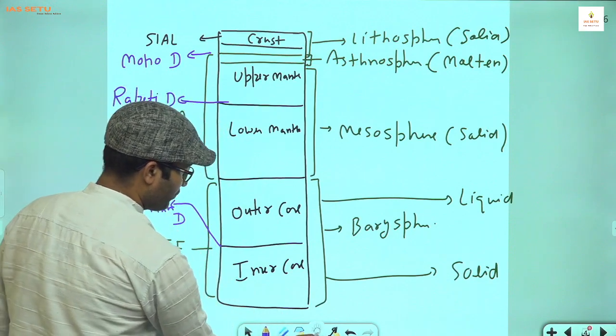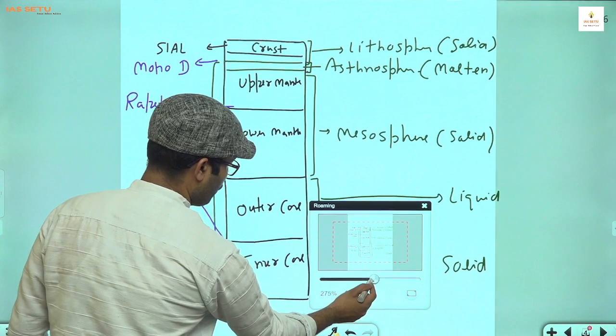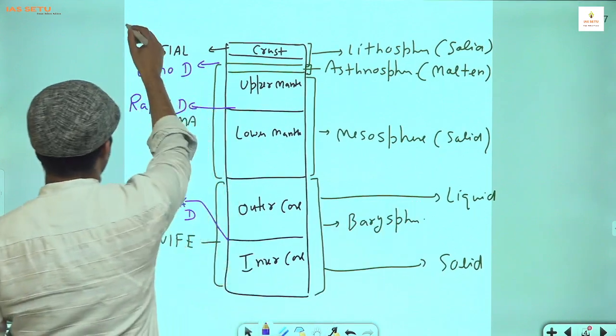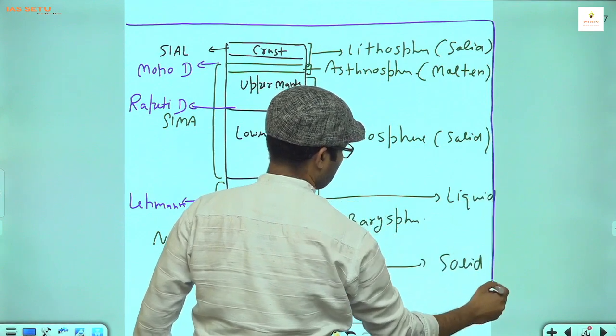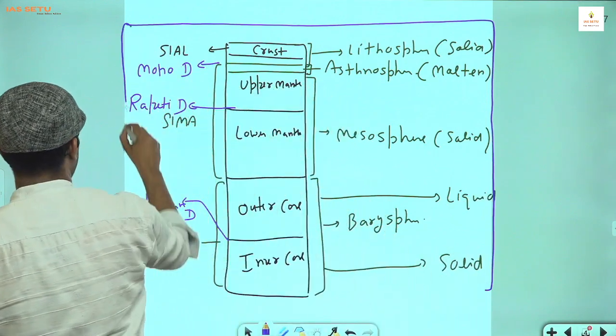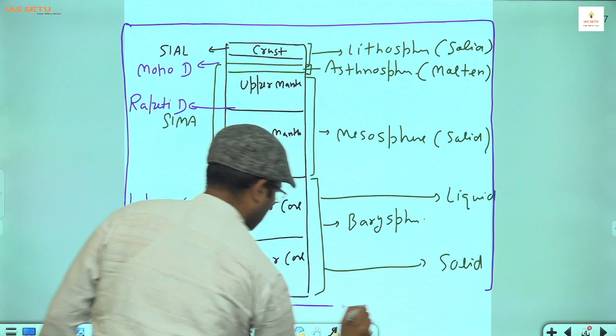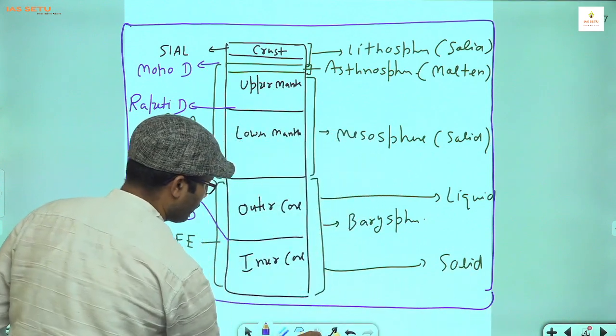So here same thing. You have to draw this diagram in a box. And you can put a title here, different layers of earth.